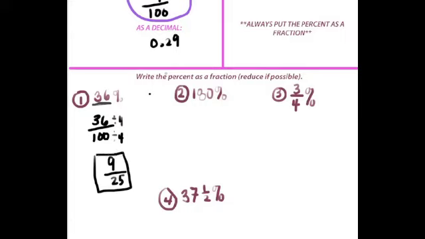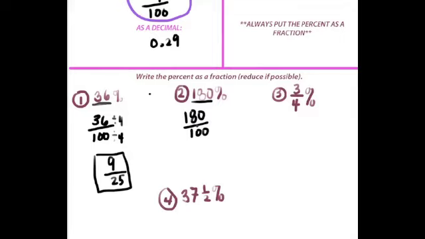Okay. Number 2, write the percent as a fraction. 180 is our base number here for the percent, so we put 180 over 100. And yes, it's weird because the 180 is bigger, right? You don't want to make it a mixed number. You don't want to do anything like that. All you want to do is reduce the fraction to get it to be smaller.